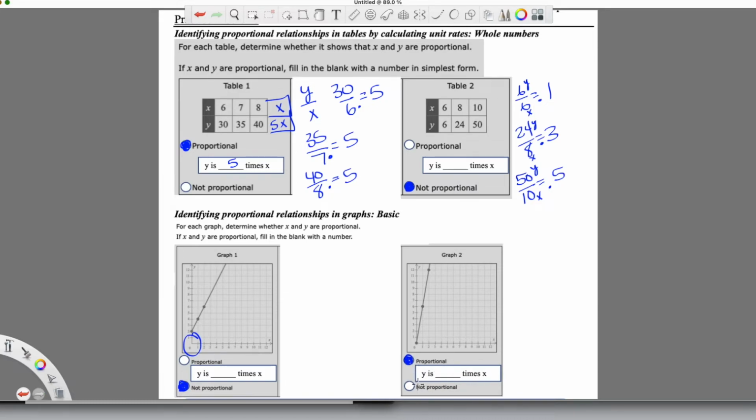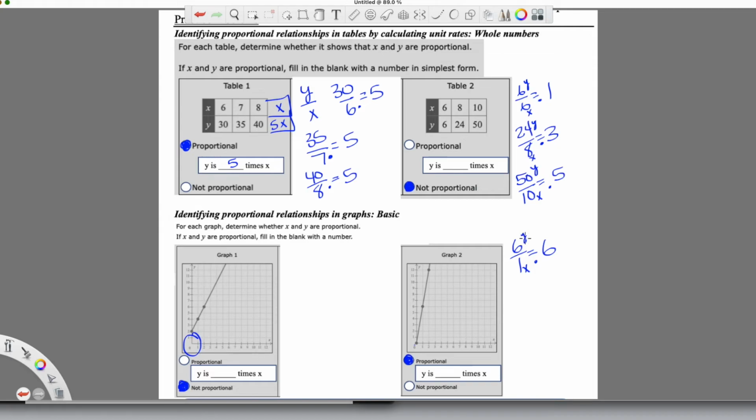For this first one, it's 0, 0. That one's not really going to work out nicely for us because it would just be zeros. So we want to go to the next one here. I have 1 for x and 6 for y. So 6 over 1. 6 divided by 1 is 6. So if I multiply x by 6, I get y.